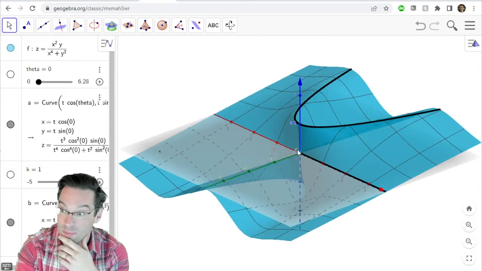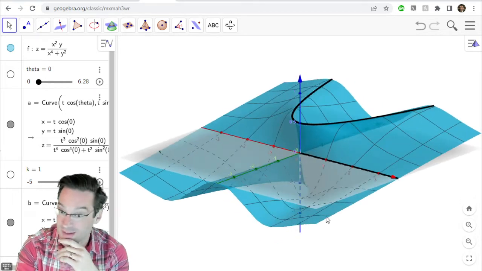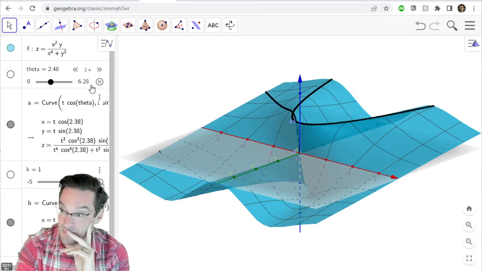It doesn't look like we're approaching the z value of 0. Oh, I see what you're saying now. The height of that parabola is not going down to 0 as we come in towards the origin. So all of these straight lines approach 0.